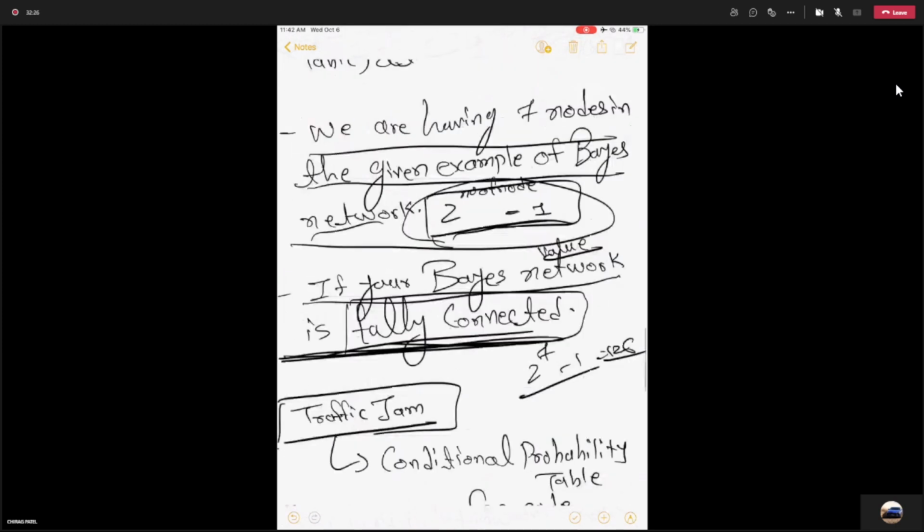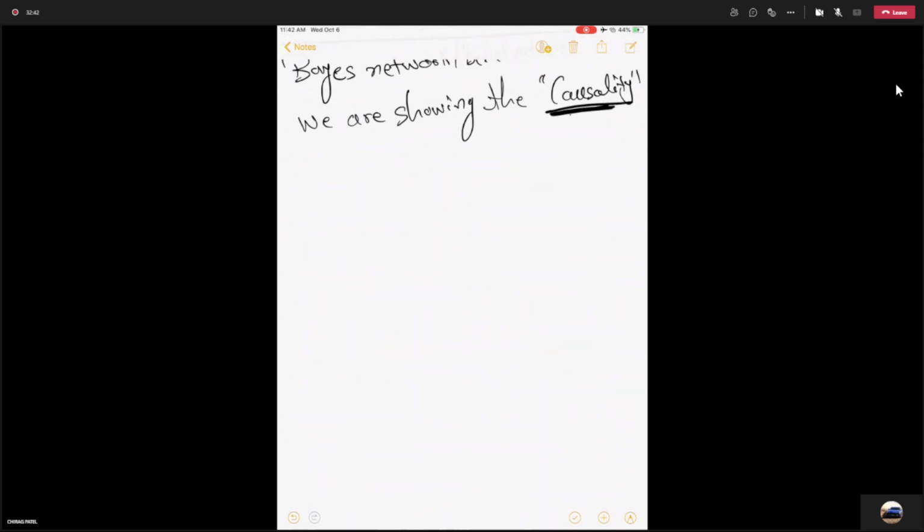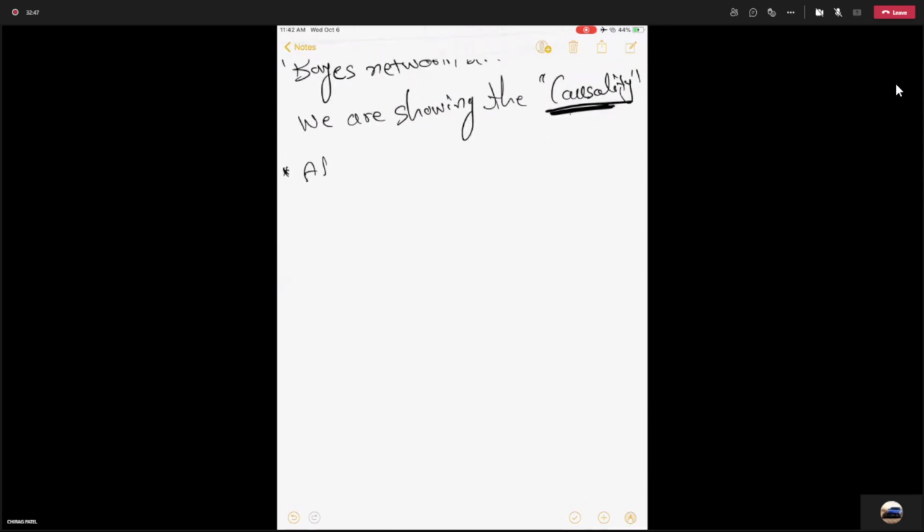So here we are showing the causality. That's why we are telling. Now, after creating the network, we can see the graphical representation which we have created.